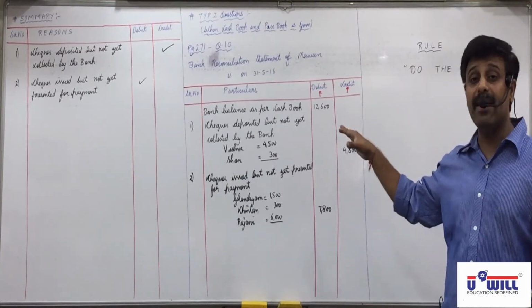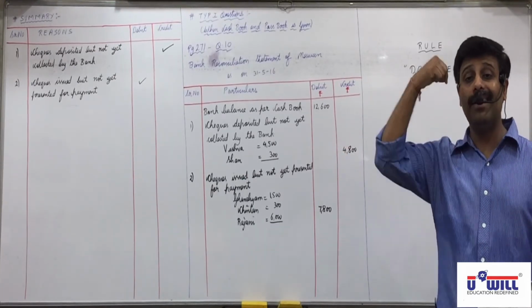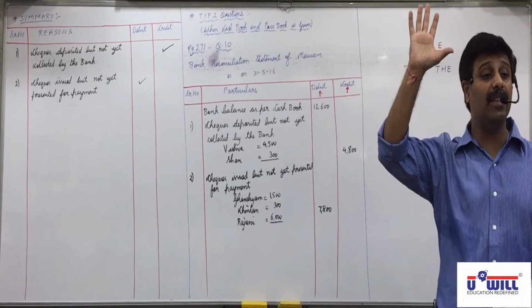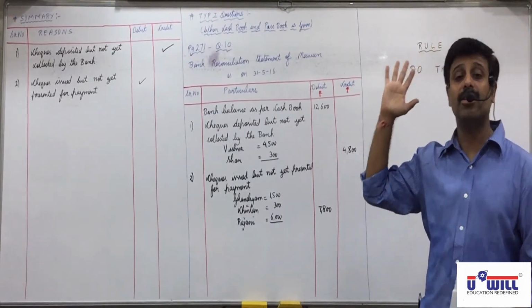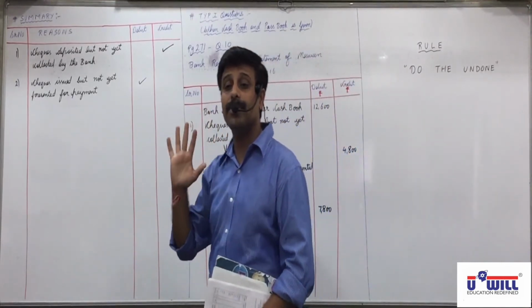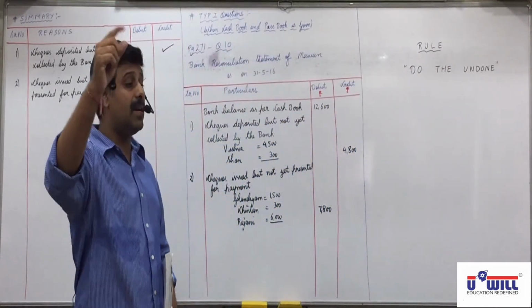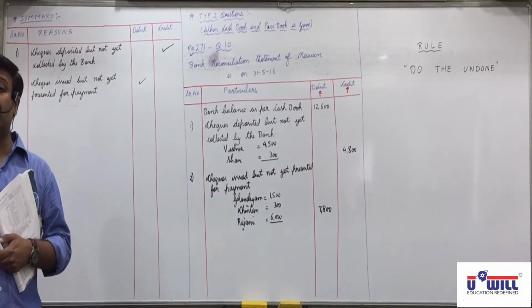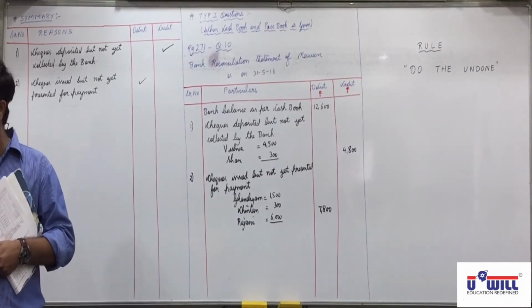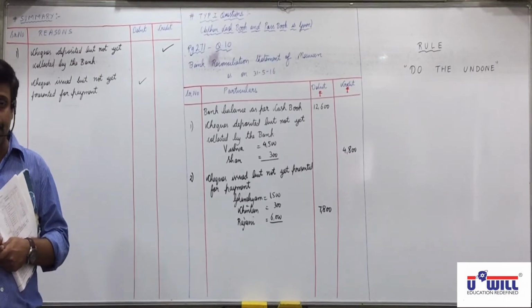So what reason will we write for this? Bank directly. What do you mean by directly? Without informing the trader. Bank charges directly debited by the bank. What does that mean? Directly means without informing the trader. Did you understand this portion, everyone? Okay.